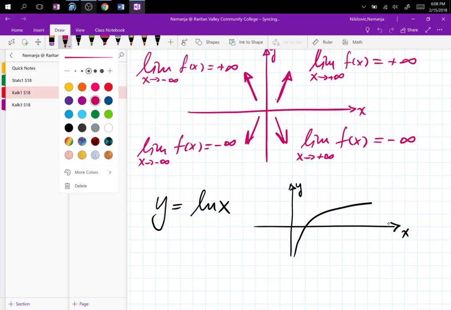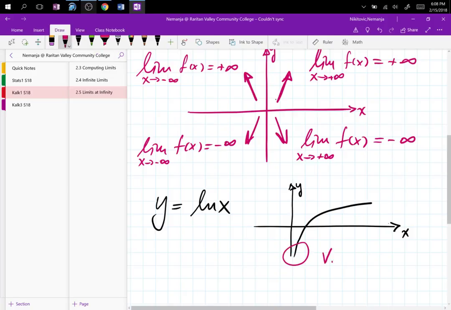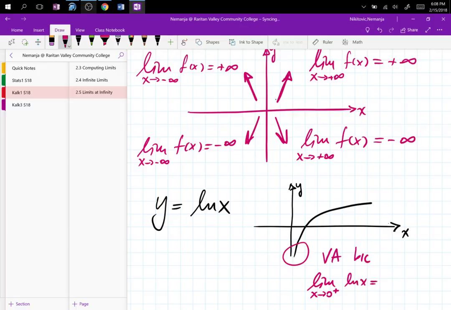This side is the vertical asymptote because the limit as x goes to 0 plus of ln x is equal to negative infinity. That fits the definition of vertical asymptote from last class, where you are approaching a finite value from either the left or the right, and you are getting an answer of infinity.